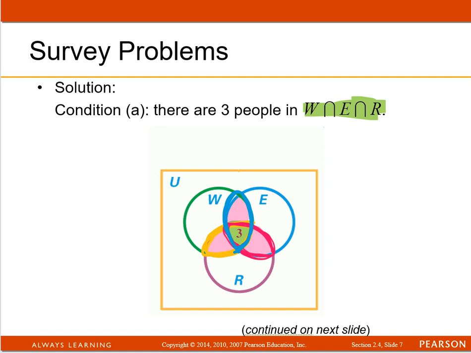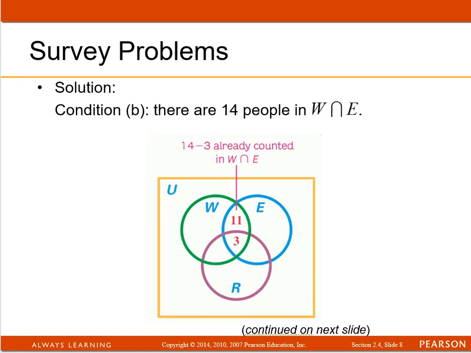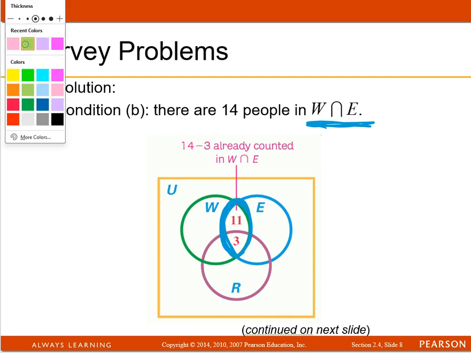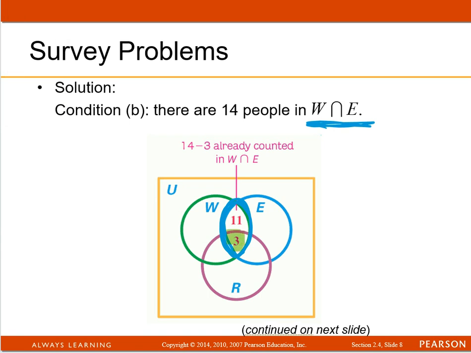So when you get to part B of the word problem, and it says there are 14 people in the weekday intersects with early, that's the one I just did, this intersection here. You've already got 3 people there.